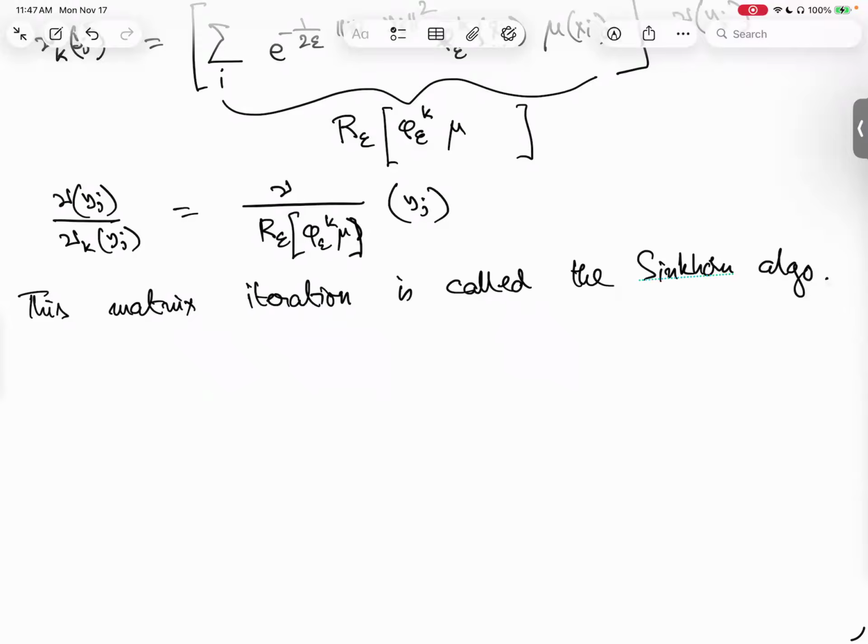And the million-dollar question is how fast does it converge? We'll talk much more about this next time, but let me give a brief overview.